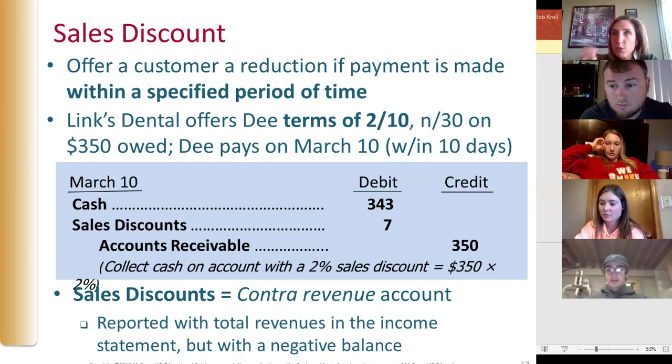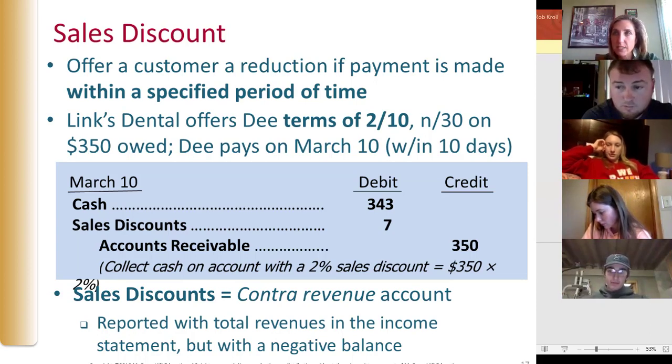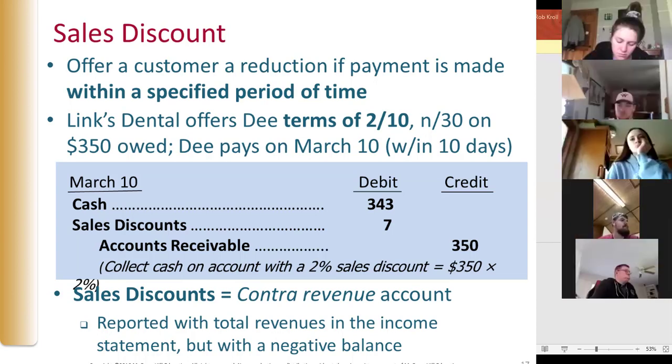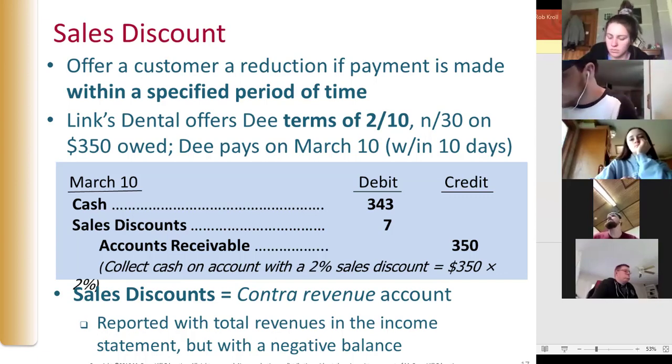So on your choices on a test or on any of your homework items, you never want to record the sales discount at the same time that you're recording revenue. That's not the timing of how this happens. What happens is you provide work and you record that as revenue. Then once you know the date that they're paying you, that's when you would record a sales discount if they've paid within that time frame, within 10 days.